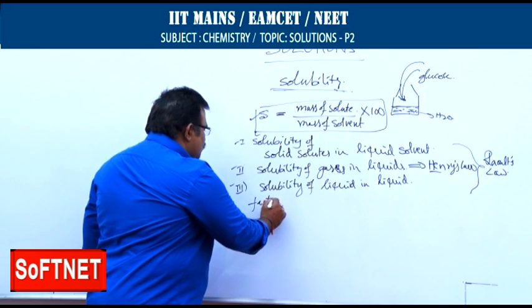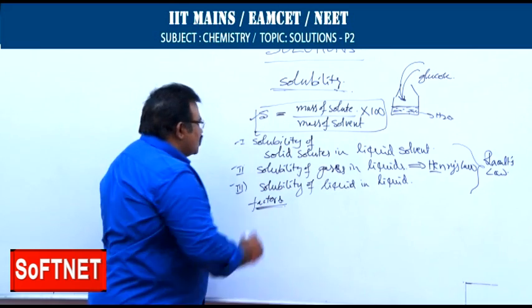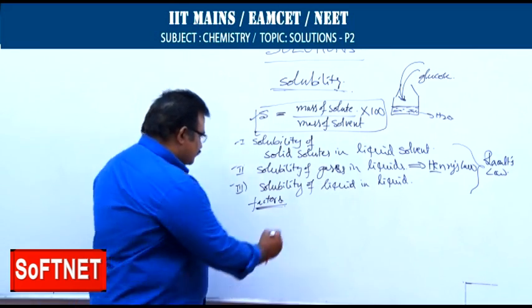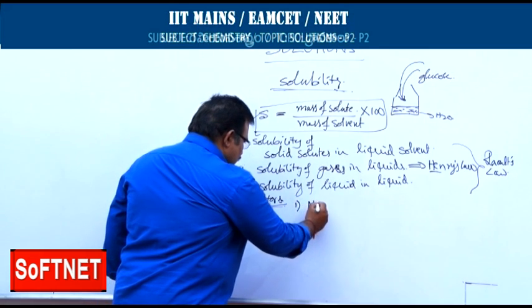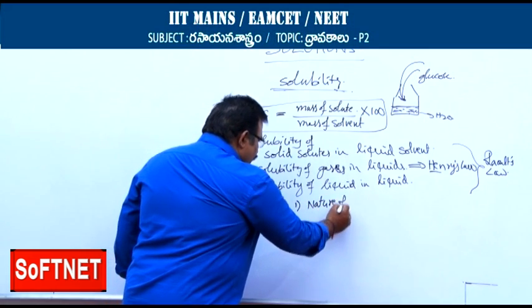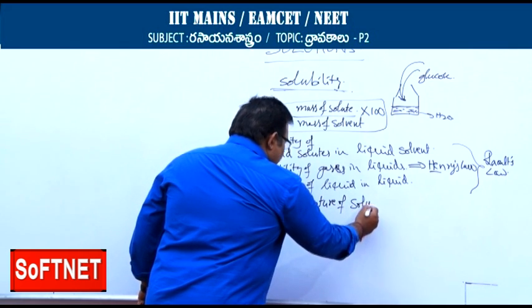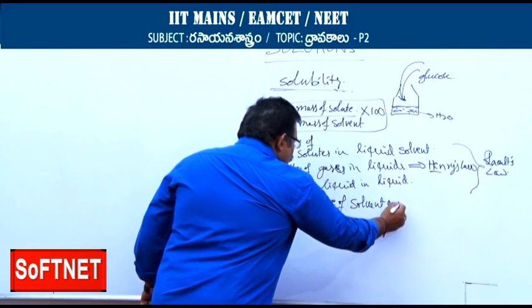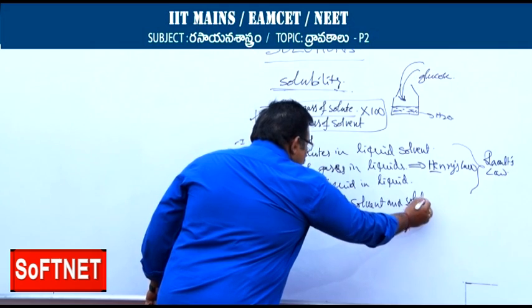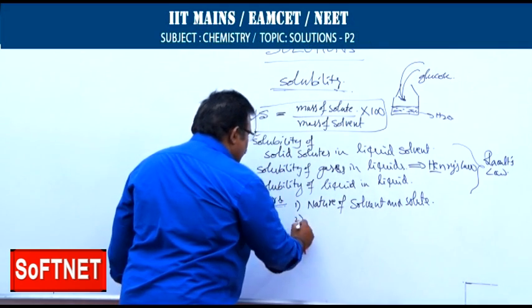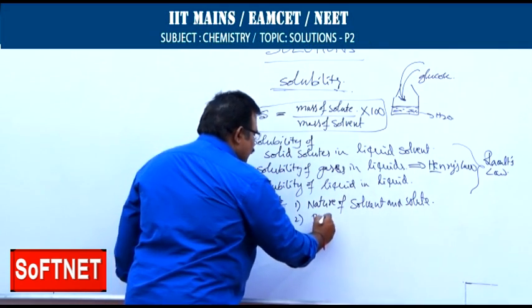What are the factors that can affect the solubility? Main factors that can affect the solubility are: number 1, nature of solvent and solute. Number 2, pressure.